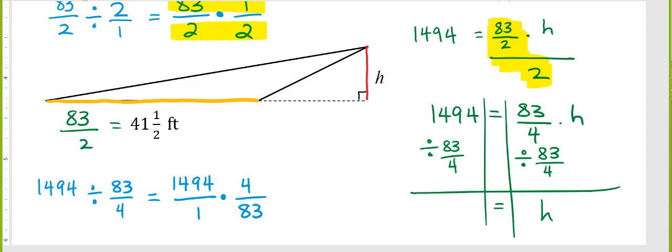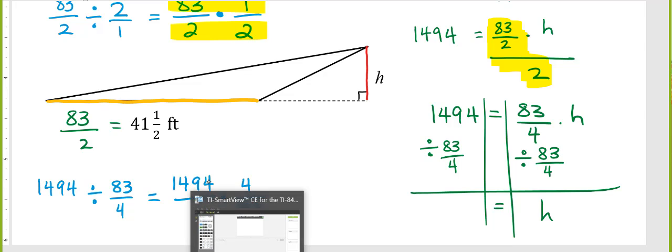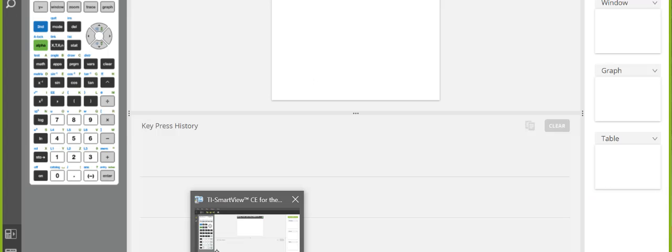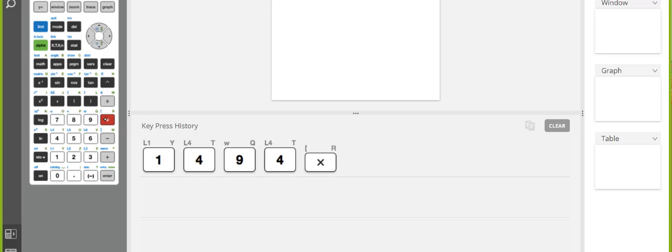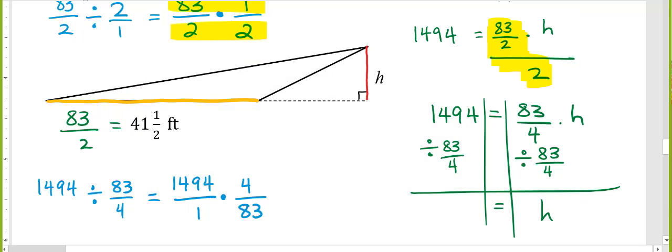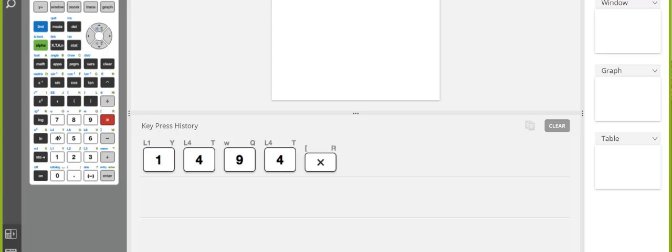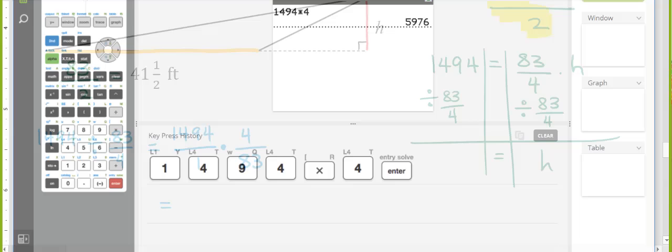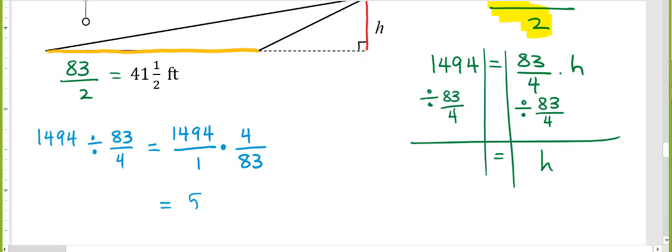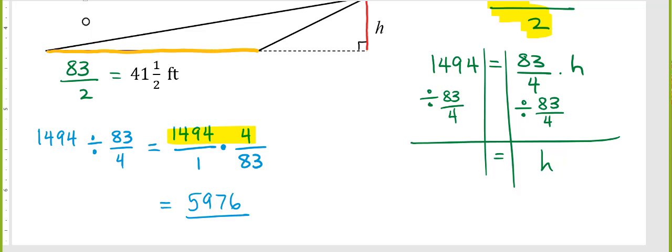Okay, so I'm going to open up my calculator because that's a huge number. I'm going to do 1,494 times 4. I could do that by hand if I wanted to. 5976 over, so I did this multiplication. 1 times 83 is 83.